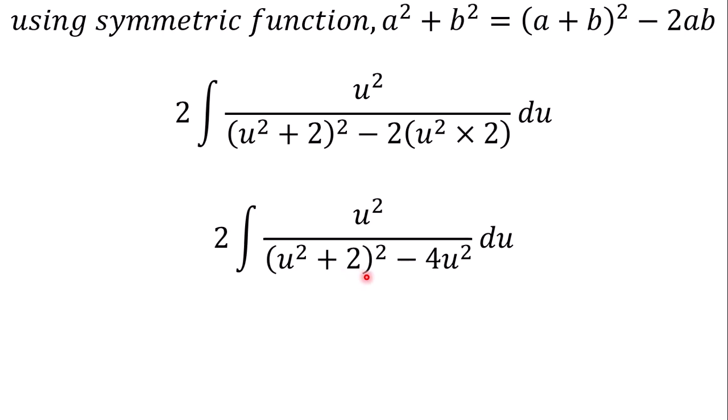So we are going to factorize this one using difference of two squares. But we will first rewrite 4u squared to suit the difference of two squares method very well.